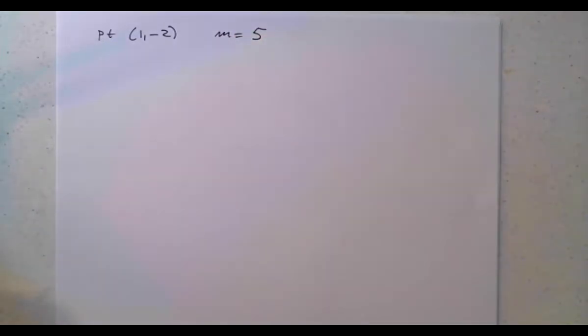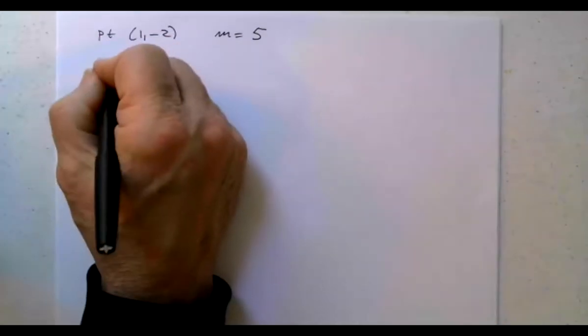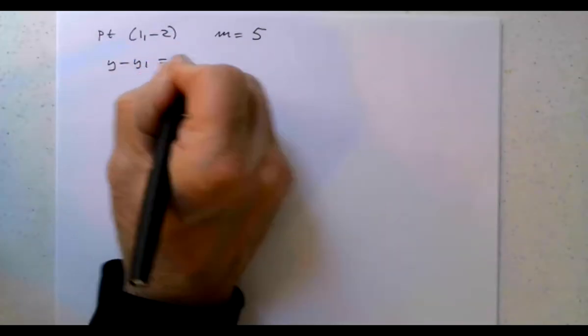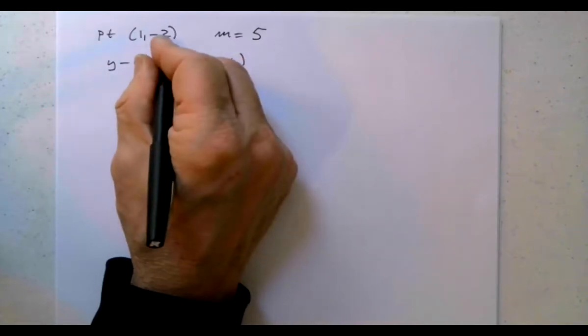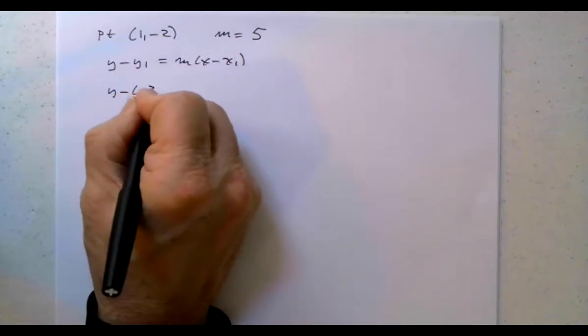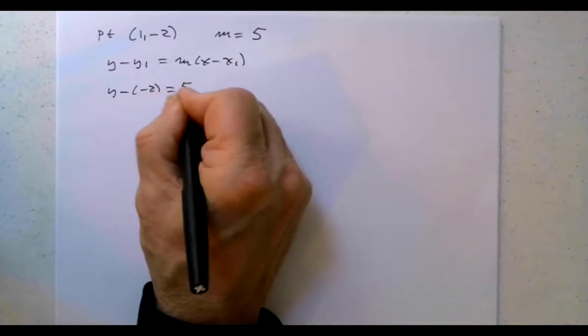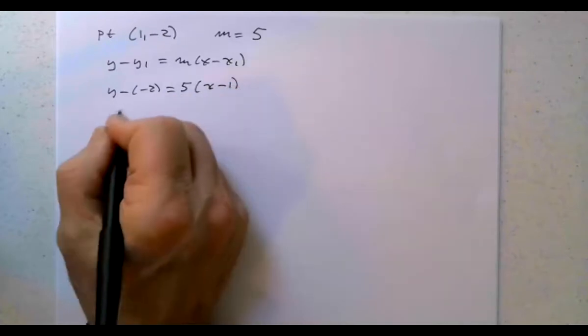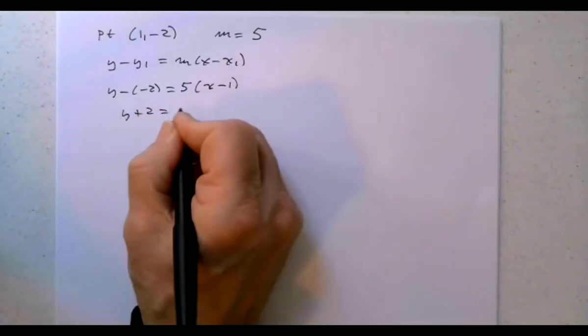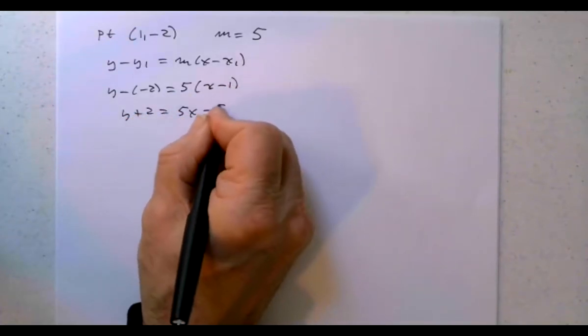So we want to find the equation of the tangent line to check to see what it looks like. So again, using our point-slope form, y minus y1 equals m times x minus x1. Y minus negative 2 equals 5 times x minus 1. So we get y plus 2 equals 5x minus 5.